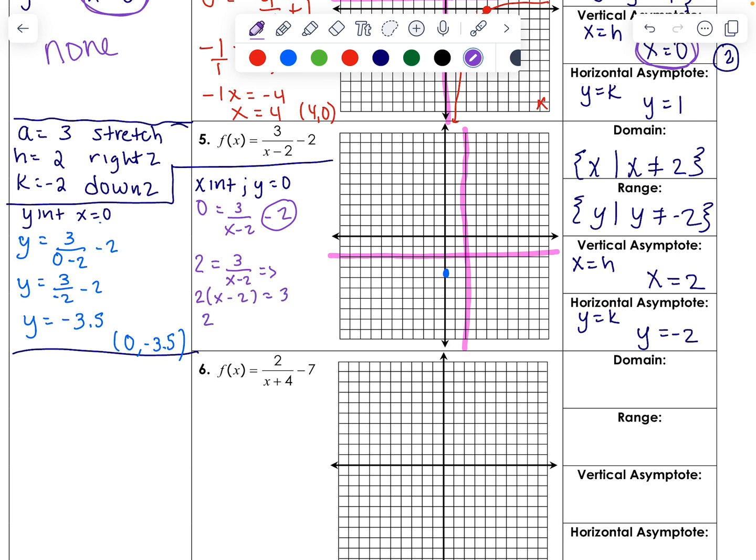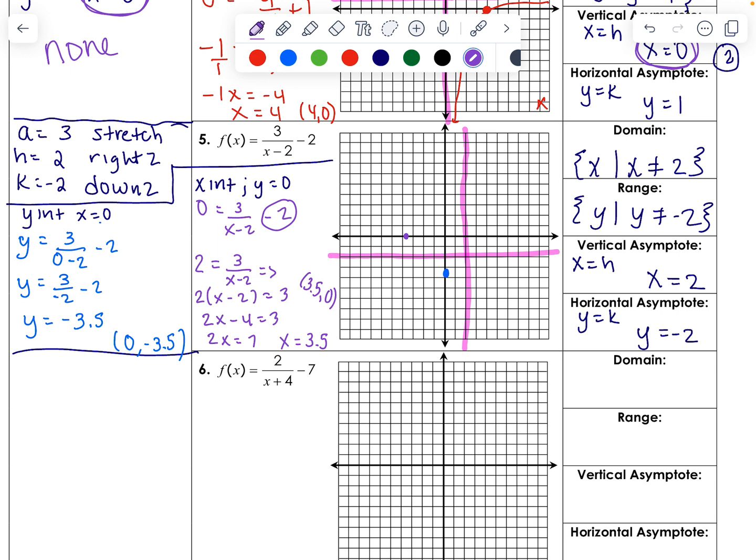I'm going to distribute: 2x minus 4 equals 3. Add 4, 2x equals 7. Divide by 2. 7 divided by 2 is 3.5. So I got 3.5, comma 0. Okay. So 1, 2, 3.5.